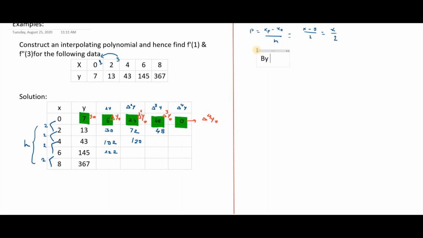By Newton's interpolation formula, we have, so in this case I will write Newton's interpolation formula, not difference formula.